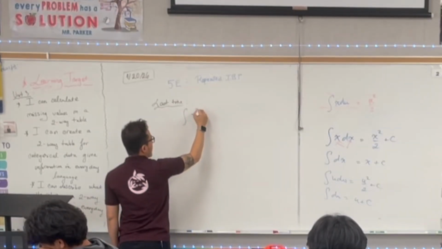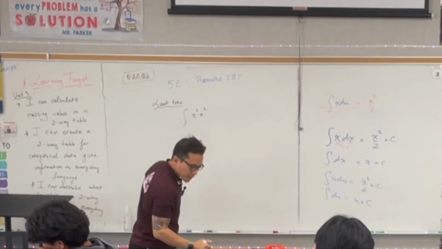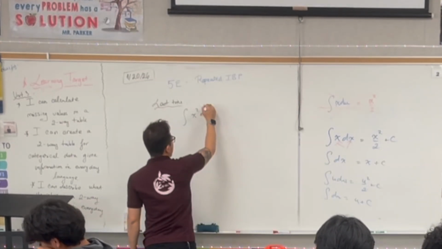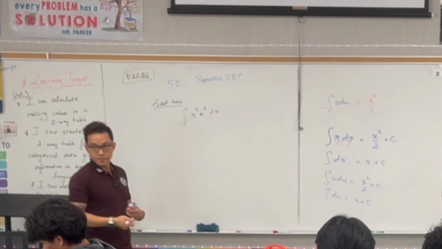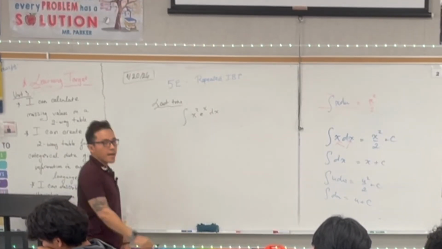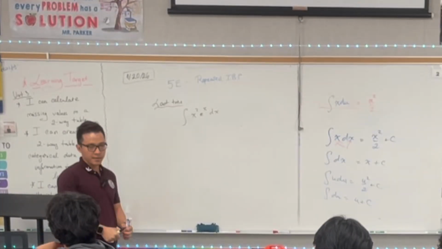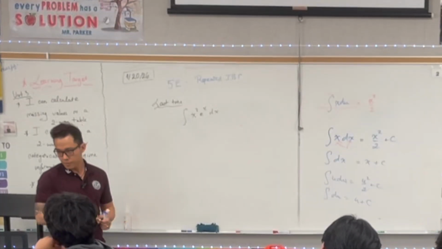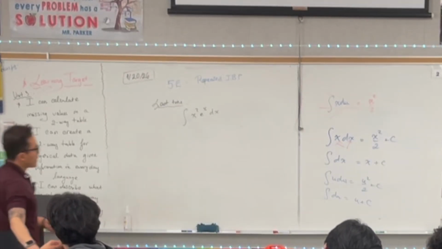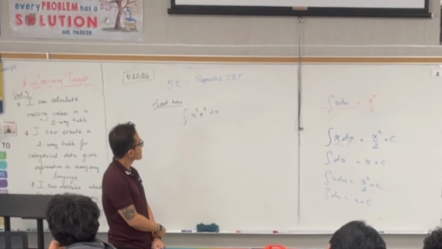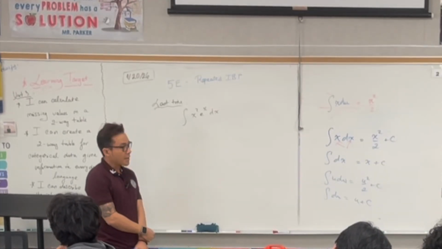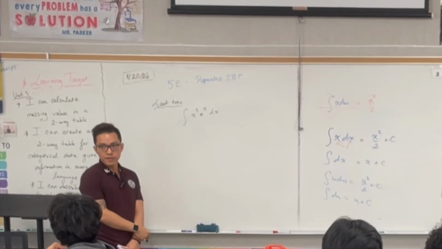How do you do this one? E to x. Yeah. You want to do u sub? Or you want to do integration by part? Why you want to do integration by part? The two functions, but you sub also two functions.